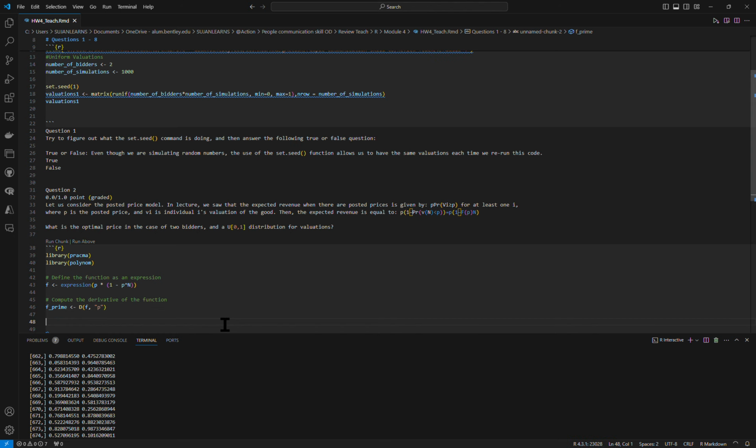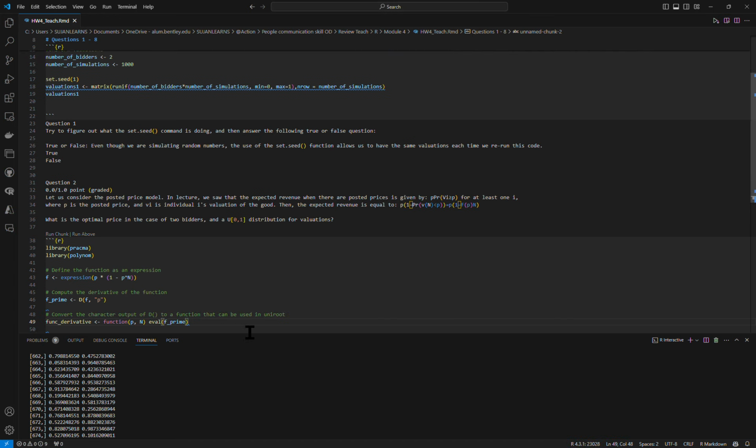Then we evaluate that and assign it to a function called function derivative. So let's do that. Function derivative is a function of p and evaluates f prime.